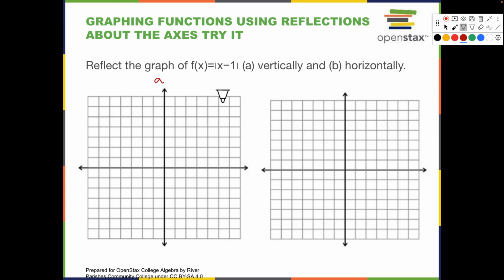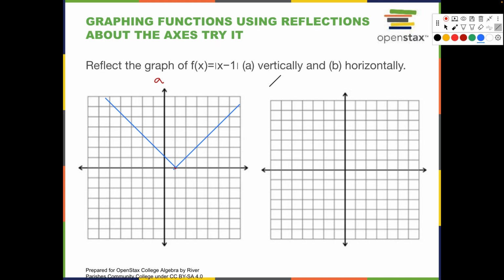But it goes down 1 and over 1 to the right, in the positive direction. So it's going to be here. Something like that is going to be our V shape.